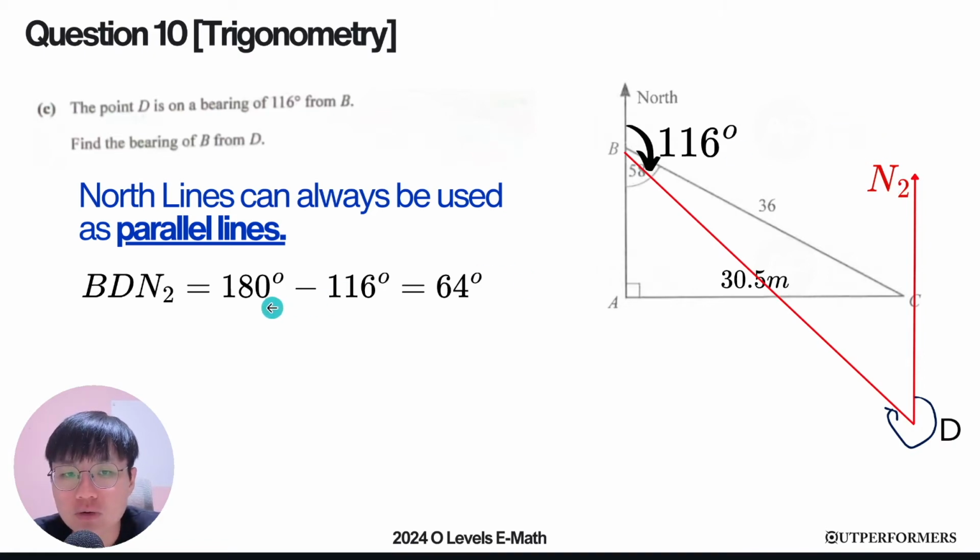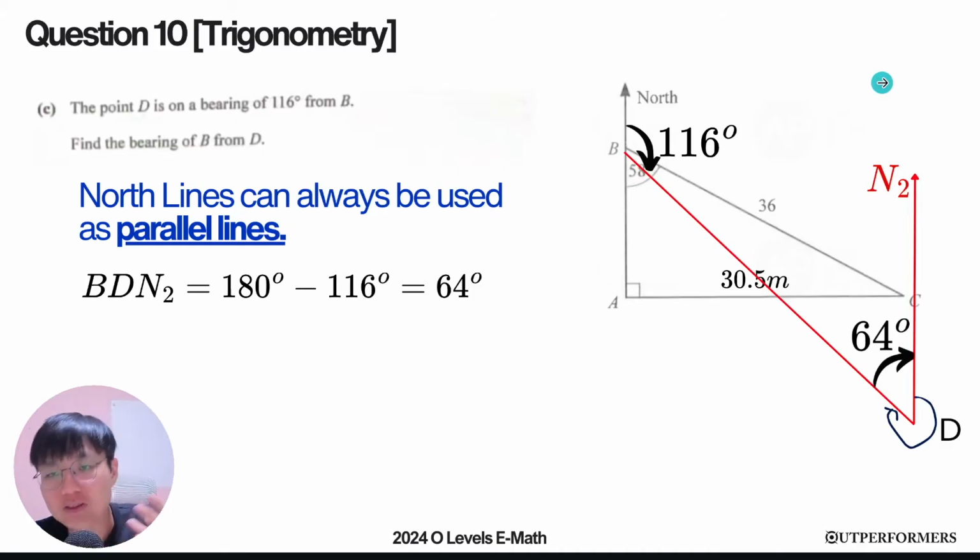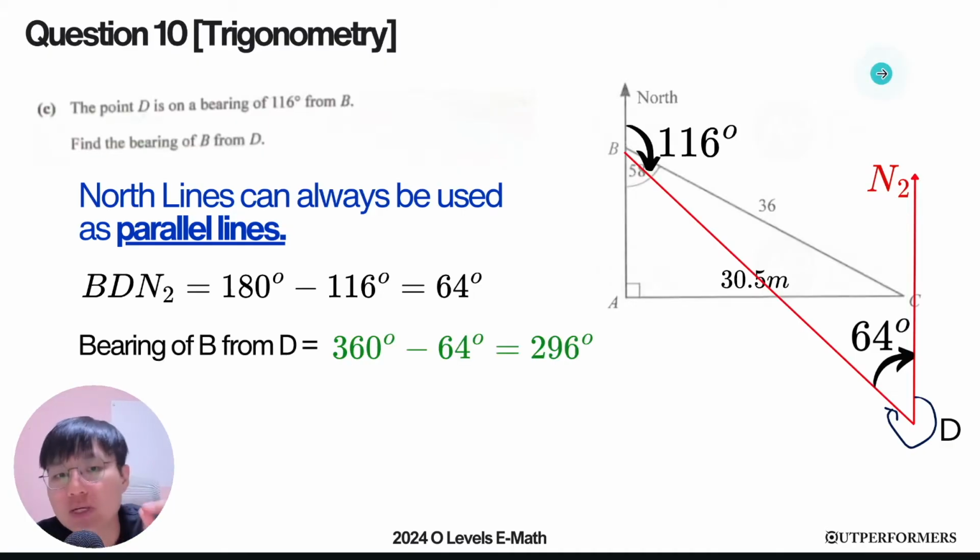So I will easily find 64 degrees by taking 180 minus 116 here. So 64 degrees is over here. And this is super important for you to find the remaining angle, right? By using the property of angles at a point, we take 360 minus 64, which gives us 296 degrees. Okay, and that's our final answer for the bearing question.